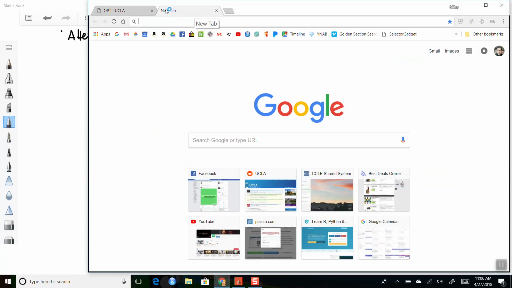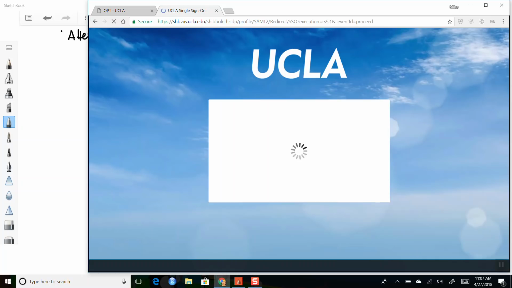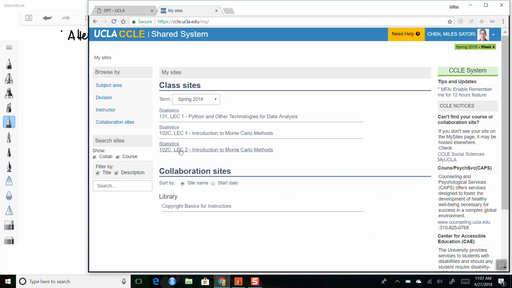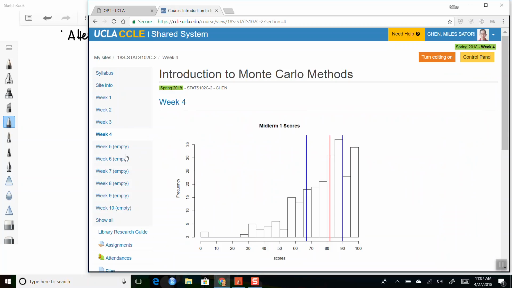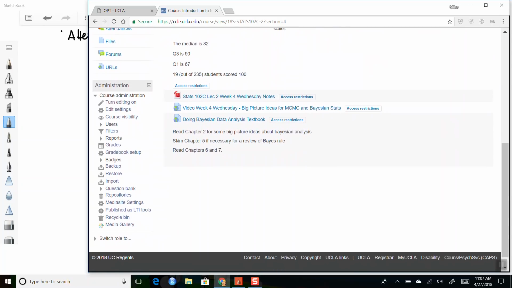And I also want to point out, as far as a textbook goes, let me log in here. Okay, so I've posted a link on CCLE. This link was available in the syllabus, but last time I put the link only in the syllabus. Students had trouble finding the textbook. But here it is. It's called Doing Bayesian Data Analysis.